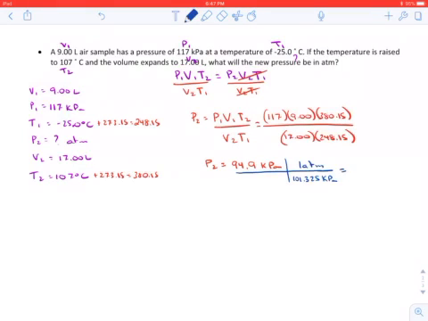So if we divide 94.9 divided by 101.325, that'll tell us how many atmospheres we have. And that should give us P2 in atmospheres, which is going to be 0.936 ATM. And there you have it.